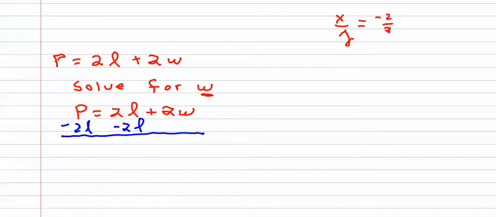Now, P minus 2L, they are not like terms. So I just write P minus 2L equals, those canceled, 2W. I want W by itself, so I need to divide both sides by 2.